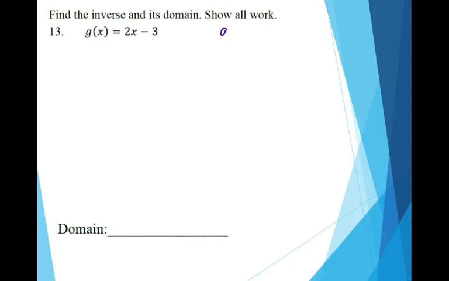So I'm going to go ahead and write this as g of x. For g of x, since this is a linear function, your domain is all real numbers. And the resulting range of a linear function is also all real numbers.